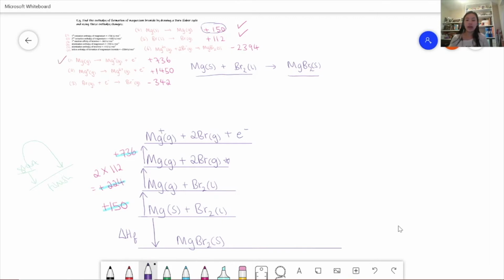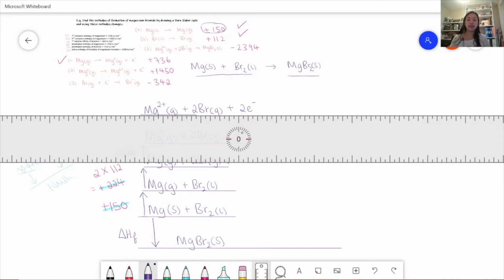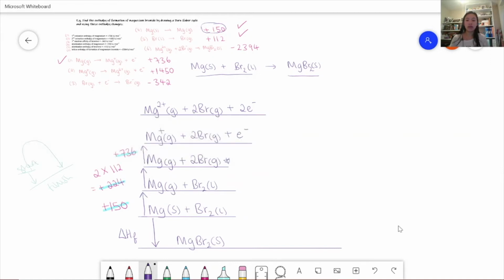So that will be Mg, and now it's become a 2 plus ion because we're going to take another electron off, and then the bromine doesn't change, and then we're going to have 2 electrons, and then draw another line, and this is actually going to be our top level because that's the end of our endothermic reactions. And this value is plus 1450. So now we have 2 equations left.